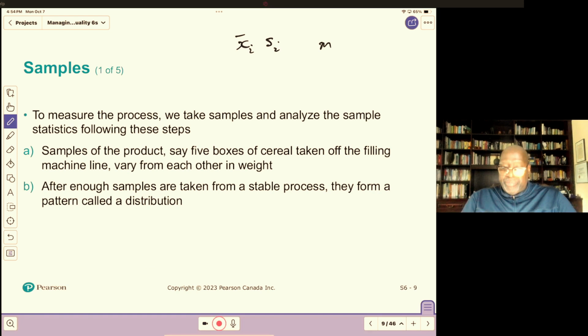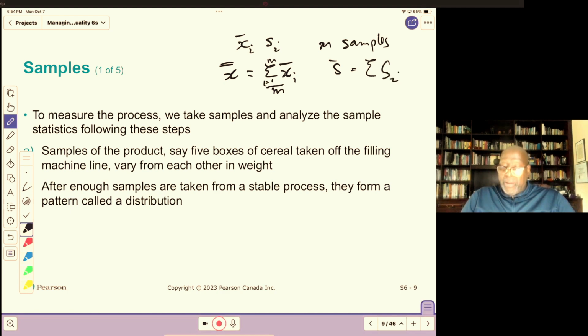Now, if we take M samples, then we could calculate X double bar, which is the average of all of the samples, i equal to 1 to M. And we could even calculate S bar, which is essentially the average of all of the sample standard deviations, over i equal to 1 to M. So technically speaking, we could get the mean and standard deviation of the process.